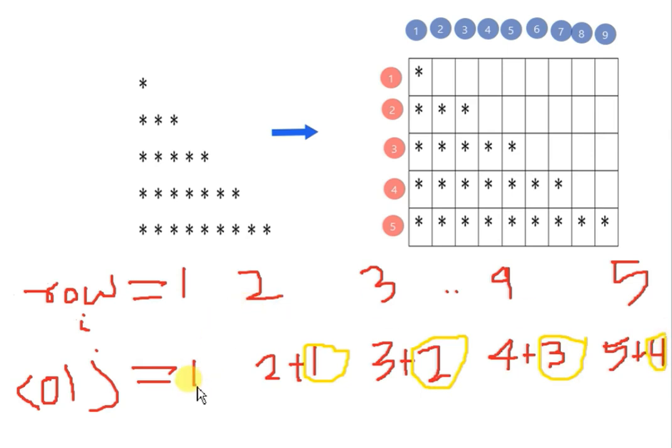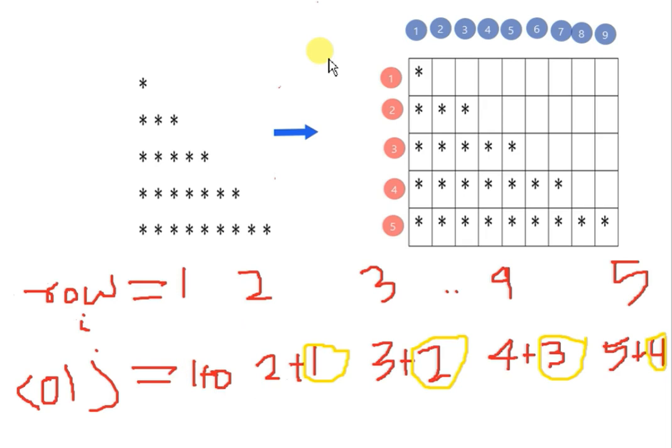In the very first row there is no increment, so we can say that we are incrementing by 0, right? Let me make it 1 plus 0.